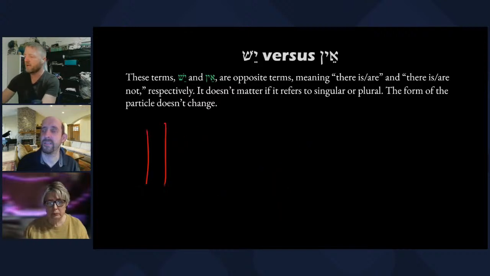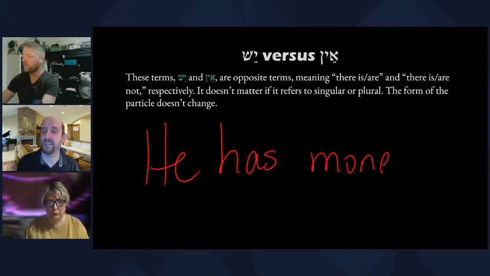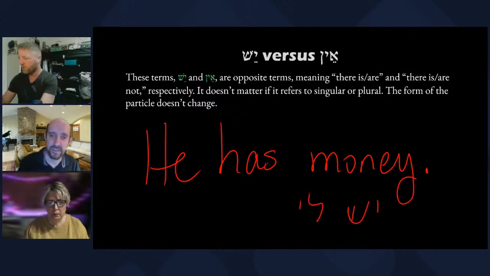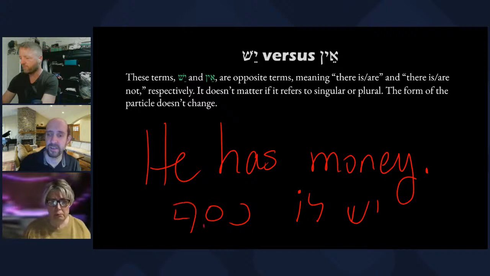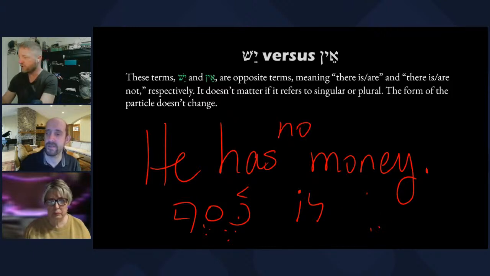So how do you say "he has money"? We're going to keep going with money. He has money. יש לו כסף. Yesh lo is "to him" kesef. Yesh lo kesef, he has money. If we say he has no money, it changes yesh to en.